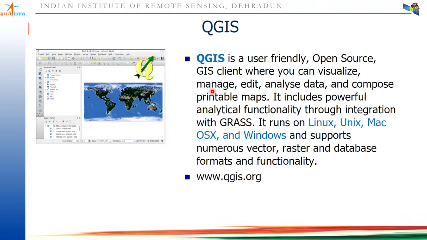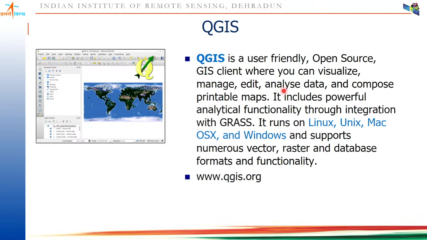Any kind of data which is in a database. So you can connect to a database and then grab that data and view it here. Manage the data. You want to add certain things, remove certain things, edit the data, analyze the data, create new products from existing data sets.